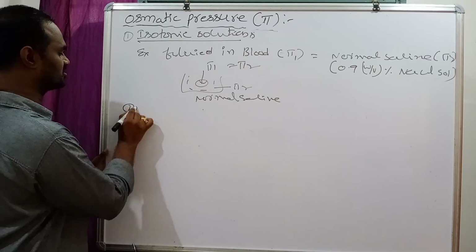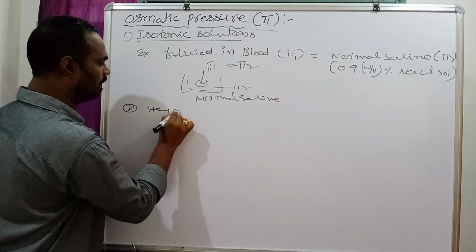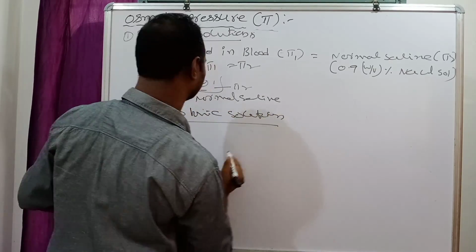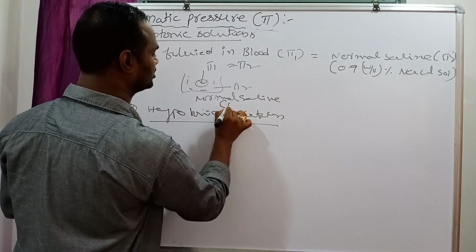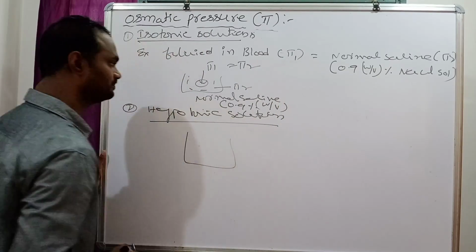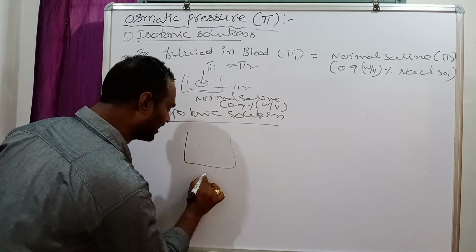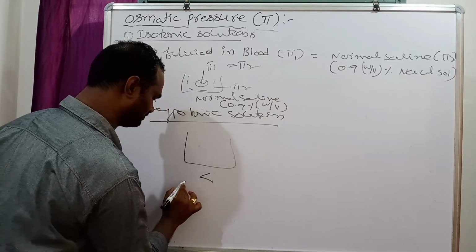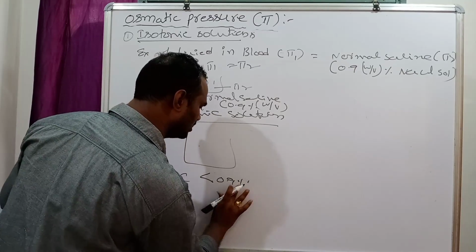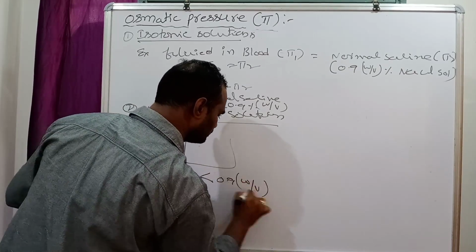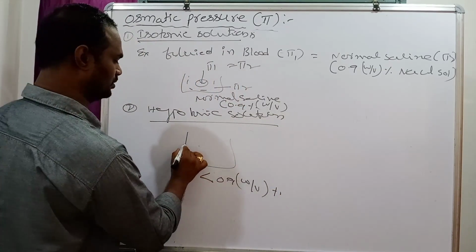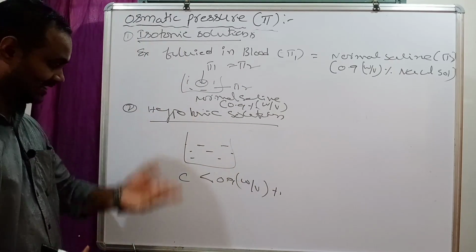Second one is hypotonic solution. Carefully see, normal saline means its concentration is 0.9% W by V. As compared to the blood cell, here I am taking a concentration less than 0.9 mass by volume percentage, meaning this concentration is less than normal saline.